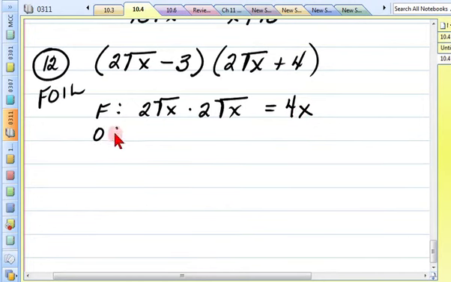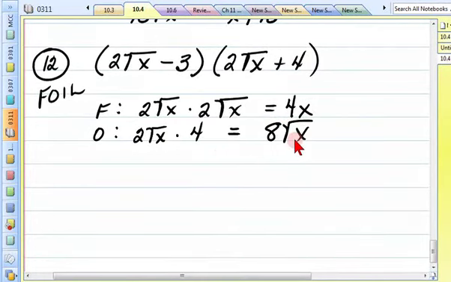Outer product. It's going to be 2 times the square root of x times a 4. What can I multiply in this one? The 2 and the 4. I'm going to end up with 8 times the square root of x.